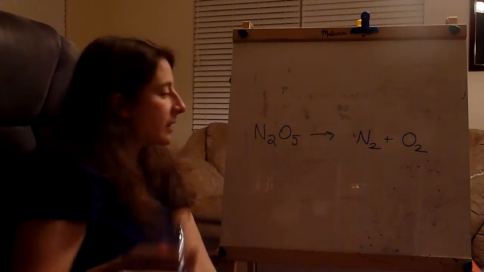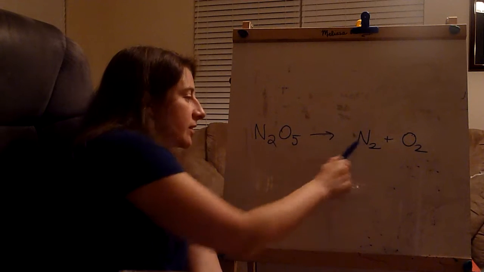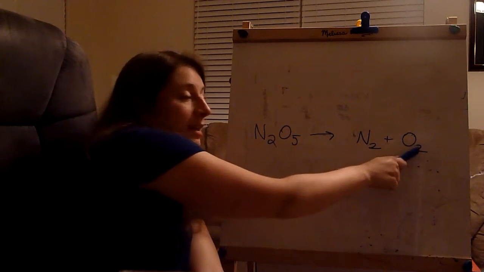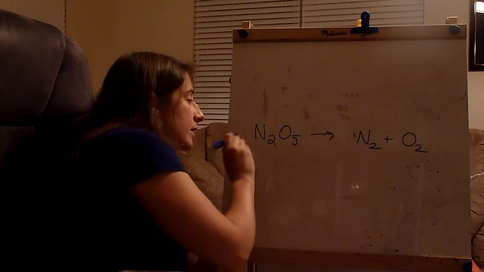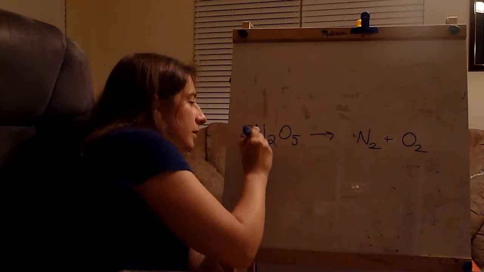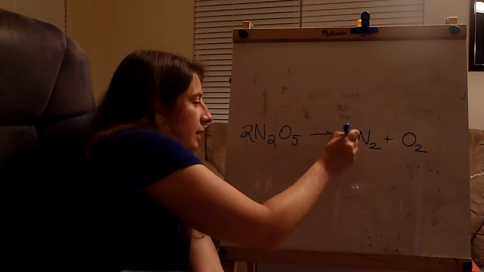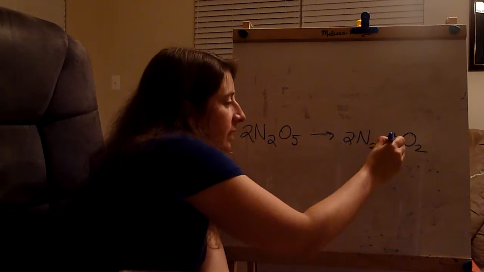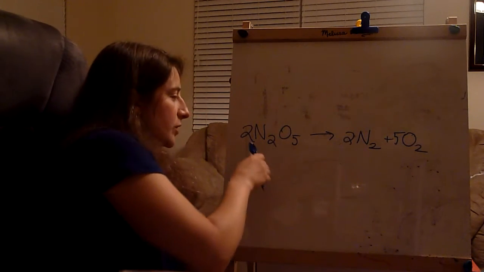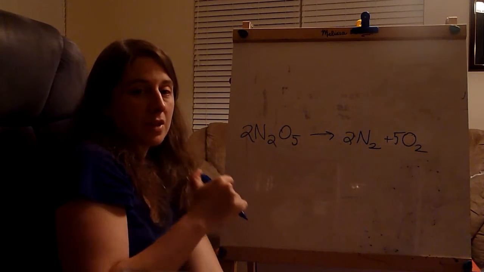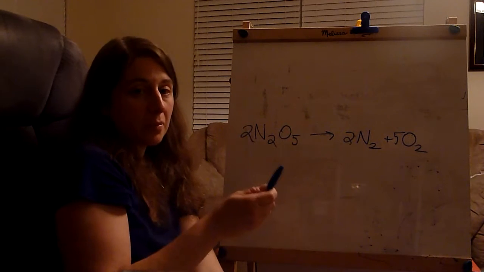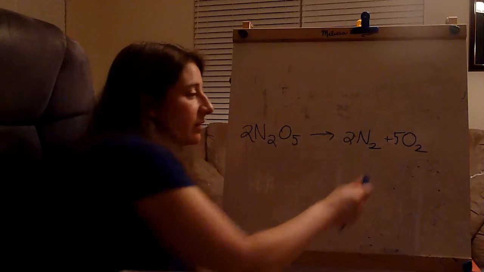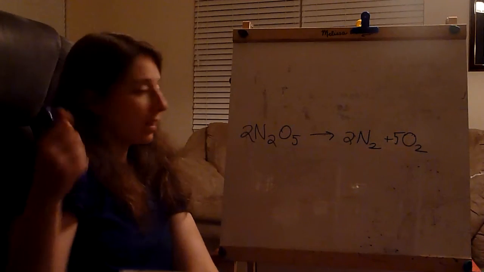So now I need to balance my equation. Nitrogen looks good. Uh-oh, oxygen doesn't look so good. I know I need an even number of oxygens here, so I'll do this. 2 times 5 oxygens is 10 oxygens on each side. So I have 2 molecules of dinitrogen pentoxide decomposes into 2 molecules of nitrogen and 5 molecules of oxygen.